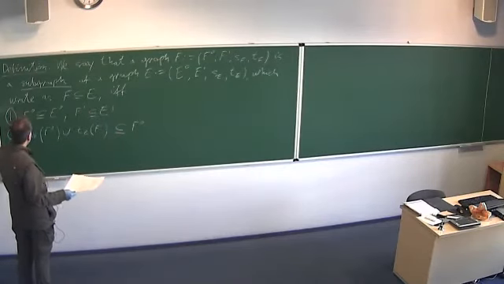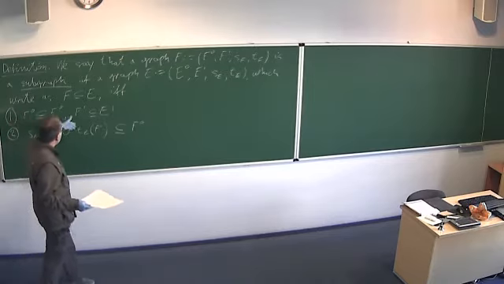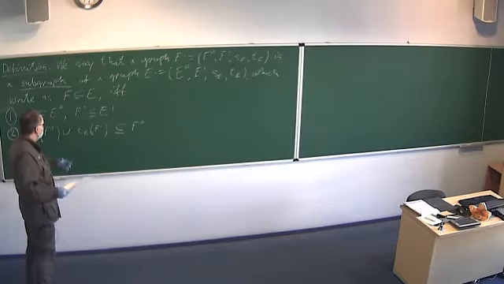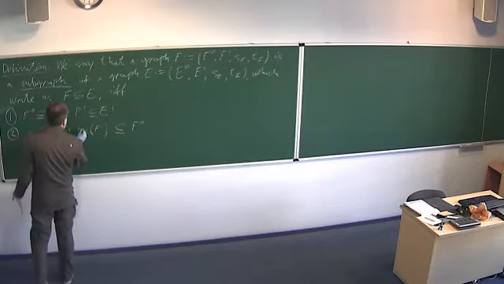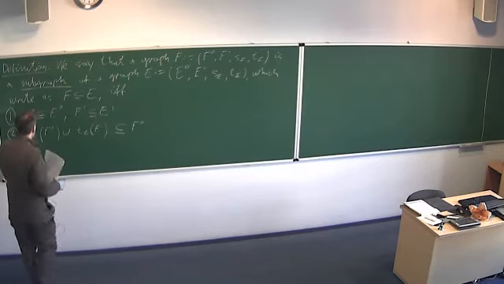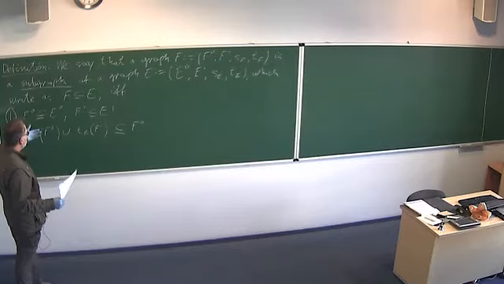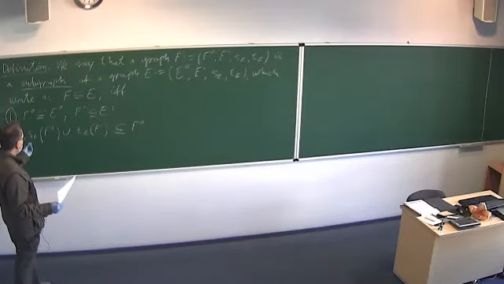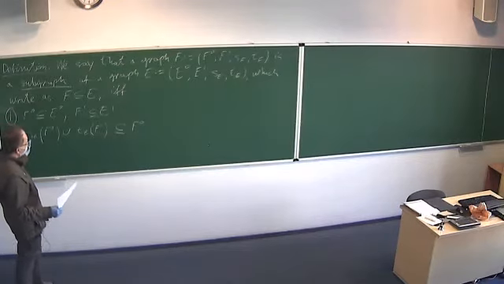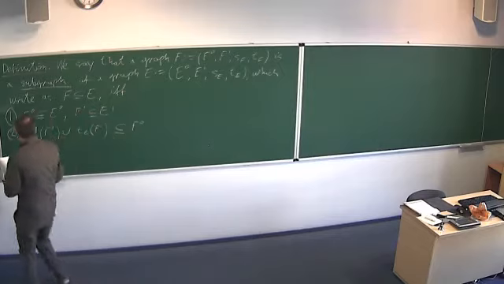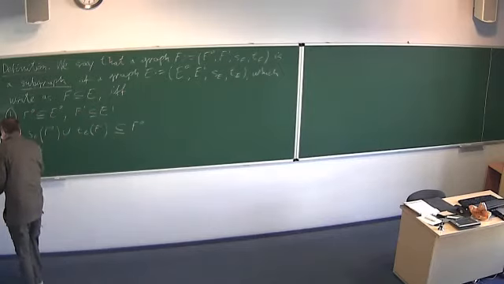So this is a condition. It's in addition to just F0 being a subset of E0 and F1 being a subset of E1. We also have to have this condition on the images. Otherwise, the restriction to F1 of the source and target maps will not work. I mean, the beginning and ending of each and every arrow has to be a vertex which is in the subgraph. And now the third one, no surprise.